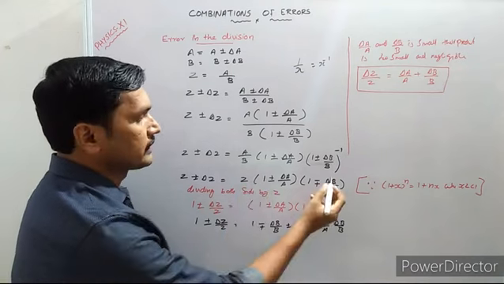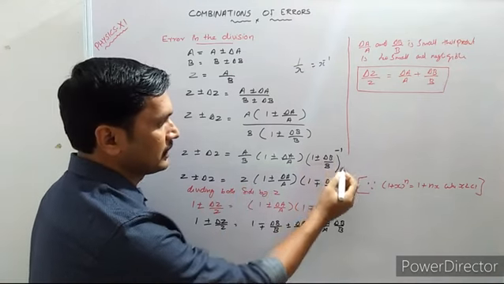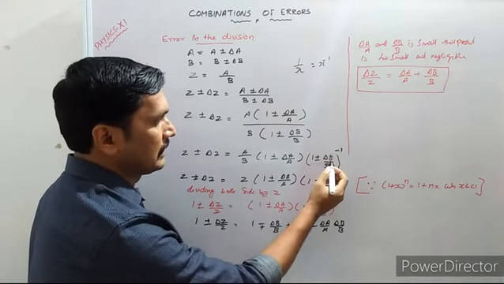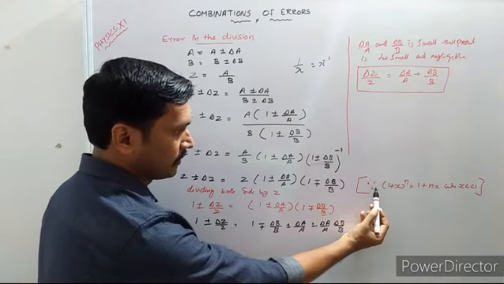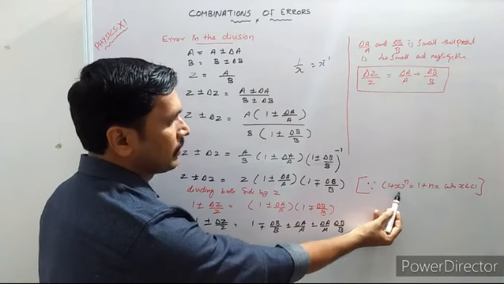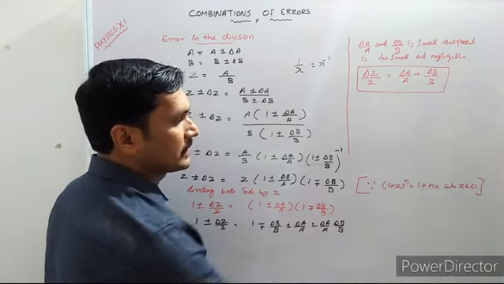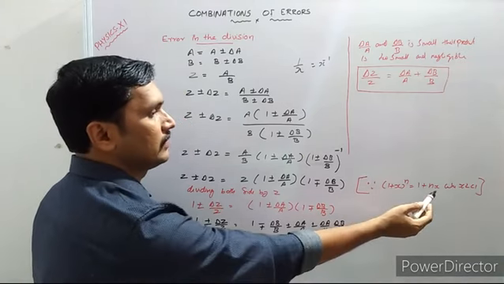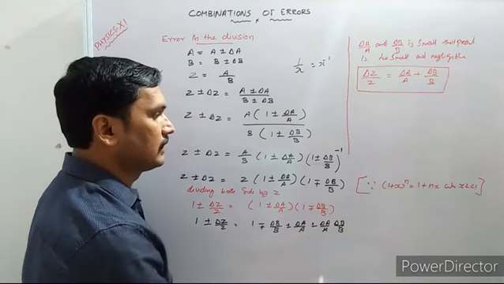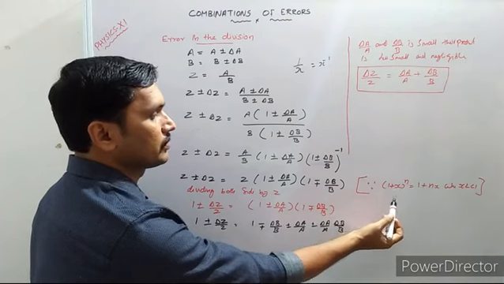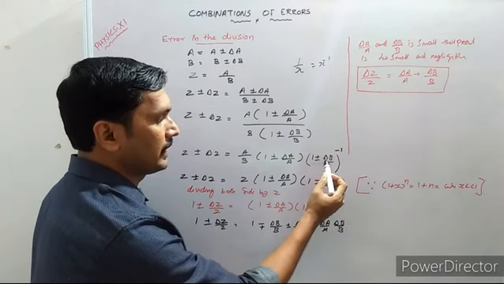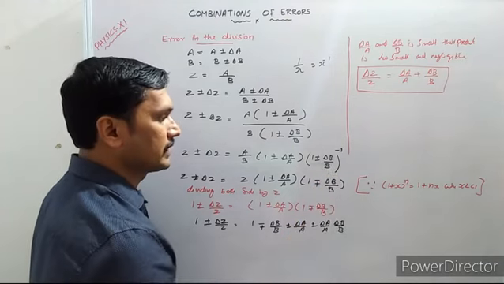And we are using the binomial theorem to expand 1 plus or minus delta b by b whole raised to minus 1. By binomial theorem, we know that 1 plus x whole raised to n is equal to 1 plus nx if x is very less than 1. You know that delta b by b is too small, so we can use the binomial theorem to expand 1 plus or minus delta b by b whole raised to minus 1.